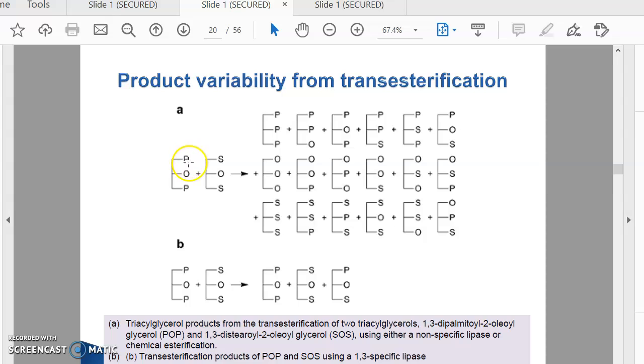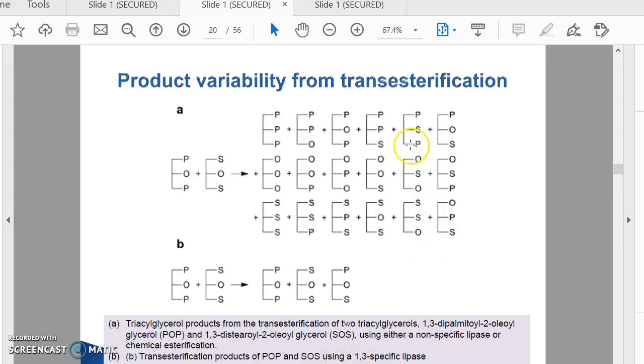So this is an example of a new product that you can produce. For example, the first TAG consists of POP plus the second one consists of SOS. You can produce up to 18 new triacylglycerides that can be used in your product. Okay, so B is transesterification of POP and SOS using 1,3 specific lipase.